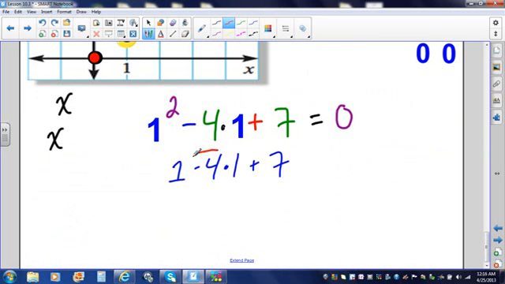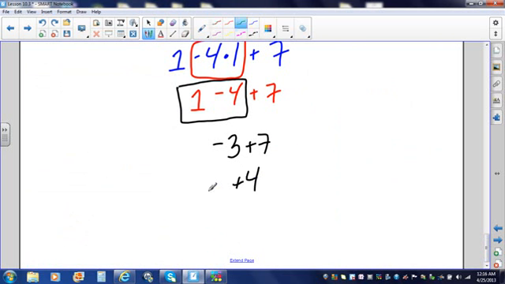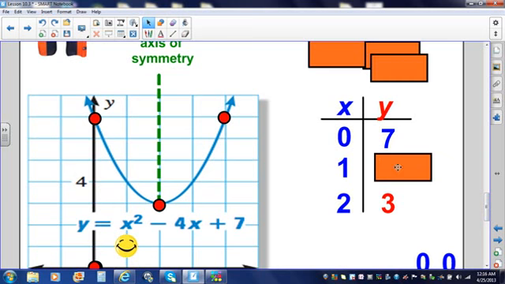I'm going to do negative 4 times 1. It's going to give me negative 4. Go from left to right. If I have adding and subtracting, that's going to give me negative 3, and then positive 4. So we're going to say that y equals 4. Bam! How you like them apples?